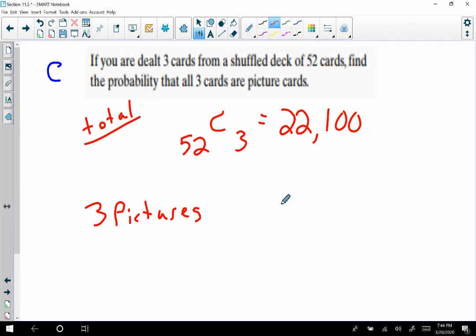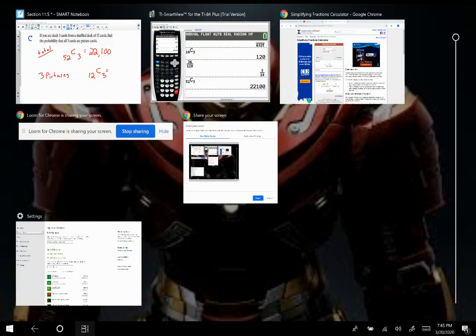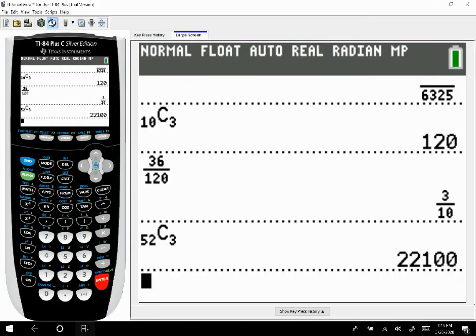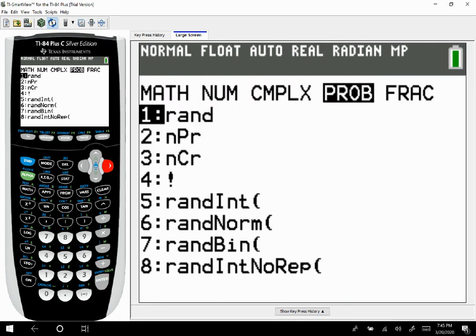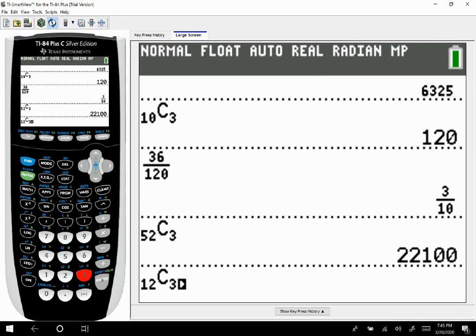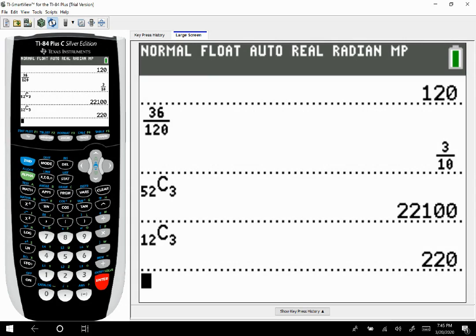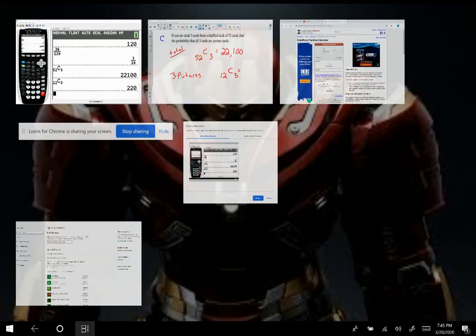There are a total of 12 picture cards, and we're choosing how many of those? 3. So all we got to do is run 12C3. Go on our calculator, 12, math, C3. So there are 220 ways that can happen.